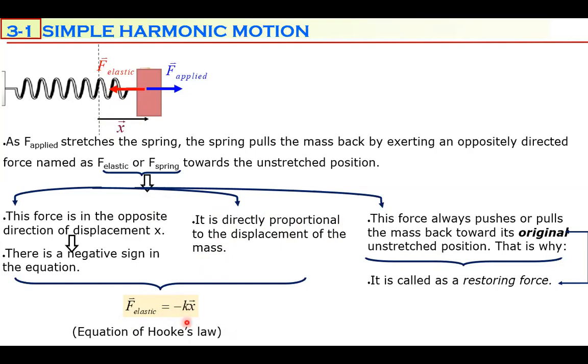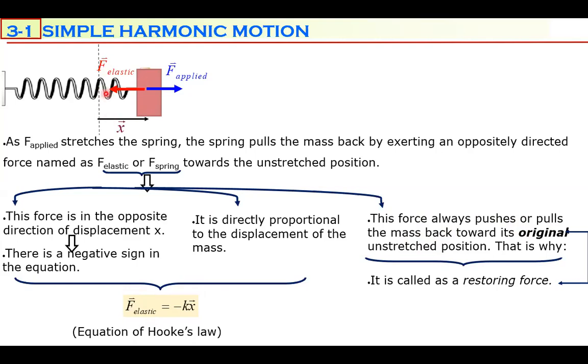They are still directly proportional in magnitude. As x increases, the elastic force also increases in magnitude, but their directions are opposite. So this force always pushes or pulls the object or mass back towards its original unstretched position.